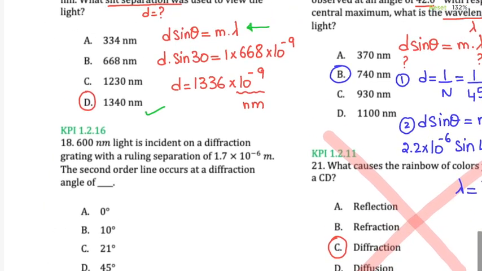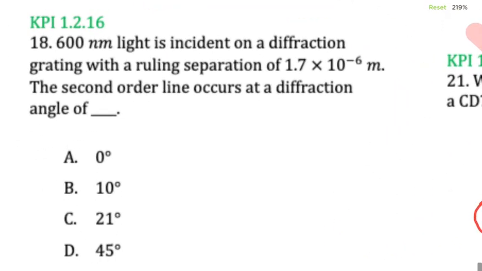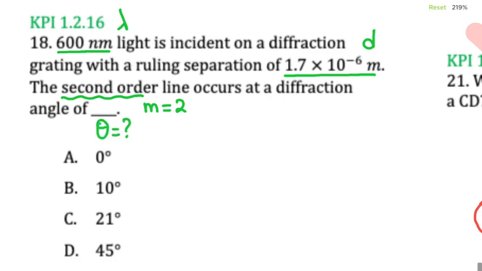Question 18. I have 600 nanometer light, so that's the wavelength, incident on a diffraction grating that is ruled with a separation d. The second order, m equals 2, occurs at a diffraction angle of, let us find the angle.